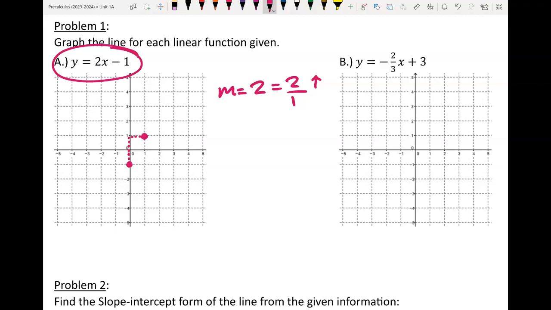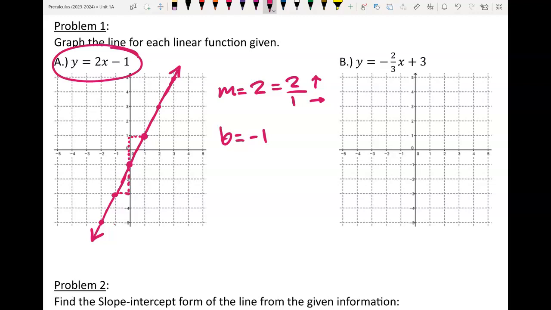So up 2 over 1. And I can do that multiple times. I can even go in the opposite direction, down 2 and left 1 to get other points. That should give me the points that I have. Again, that should be review. We've been doing that since at least Math 1, so shouldn't be anything crazy there. So our b was our y-intercept at -1.